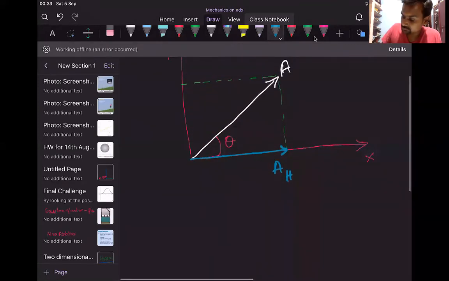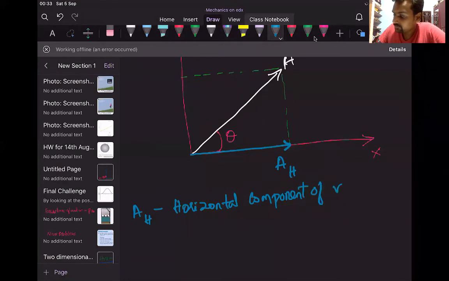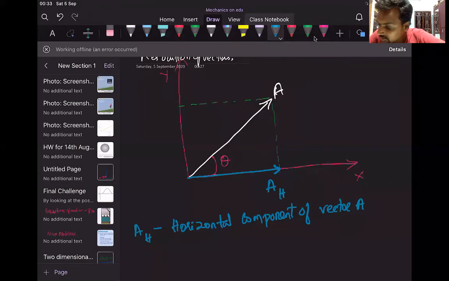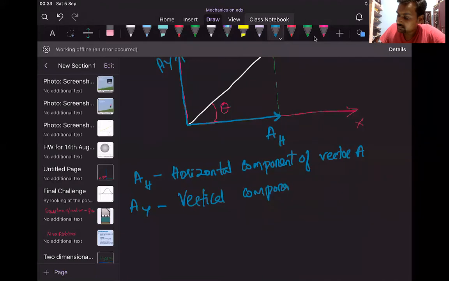AH is the horizontal component of vector A. Similarly, this line will be called AY. AY will be the vertical component of vector A.